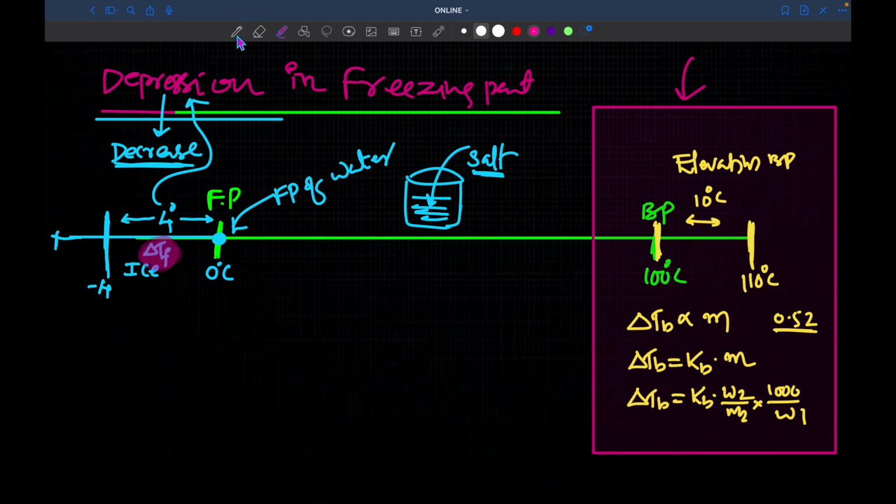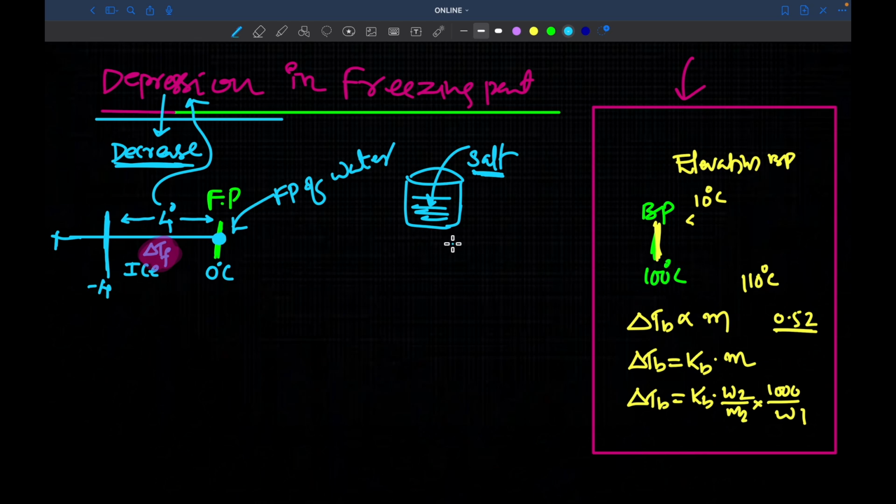So what is this? This is delta TB, right? This is delta TB. So this is delta TB here.